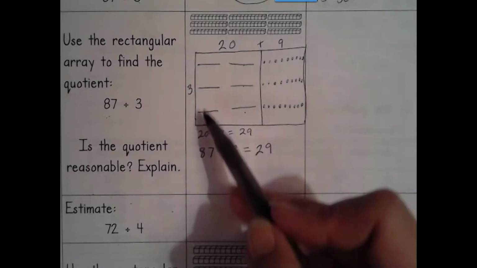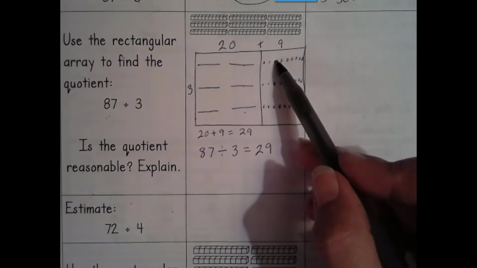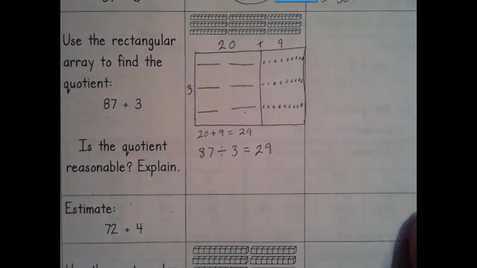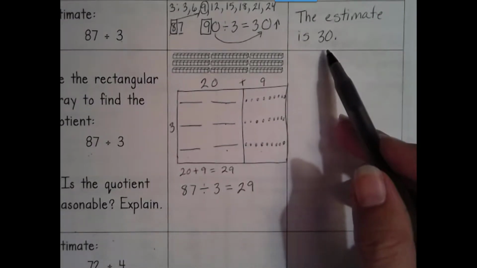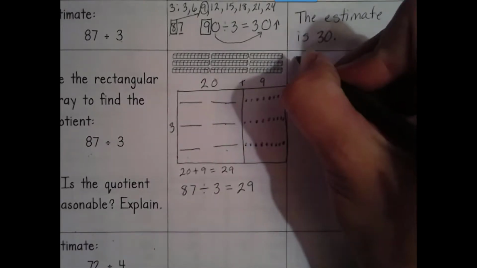Because I divide 10, 10, 10, 10, 10, 10, 60, and then 69, 78, 87. Is 29 close to 30? Yes, it is. So is it reasonable? Yes, it's very close to our estimate.